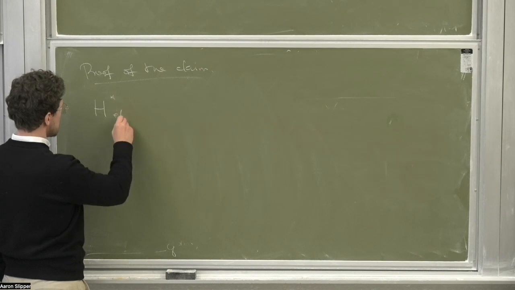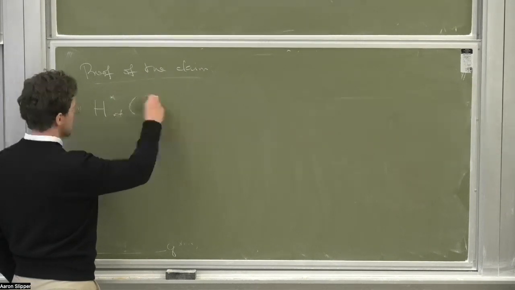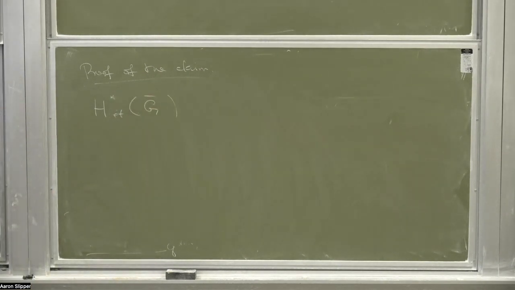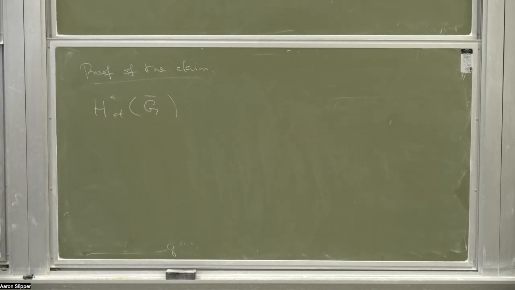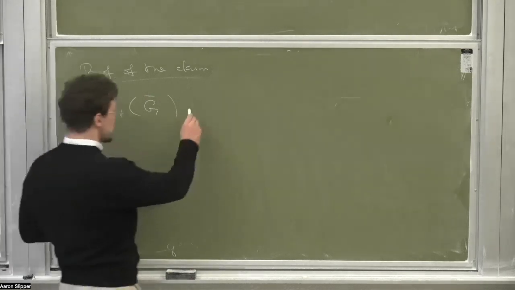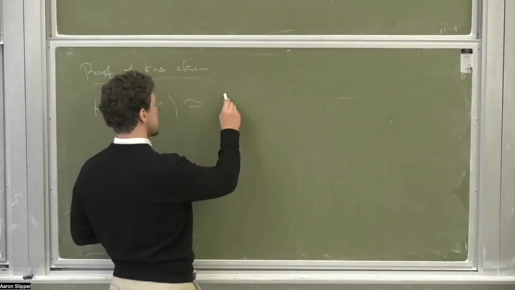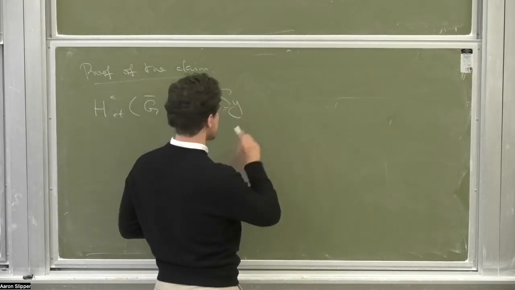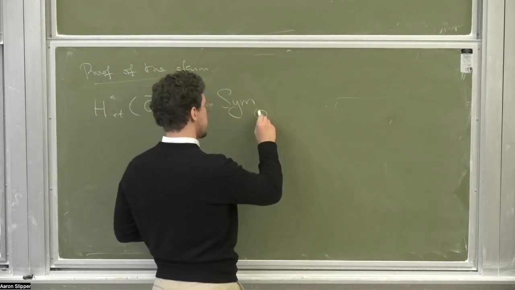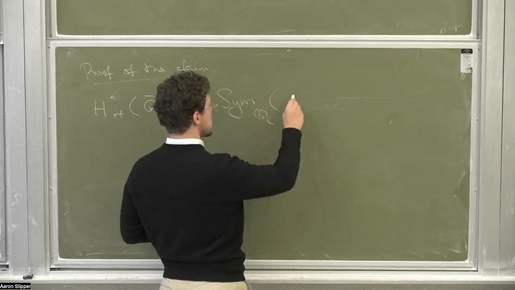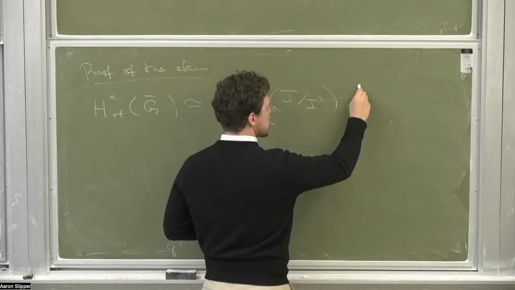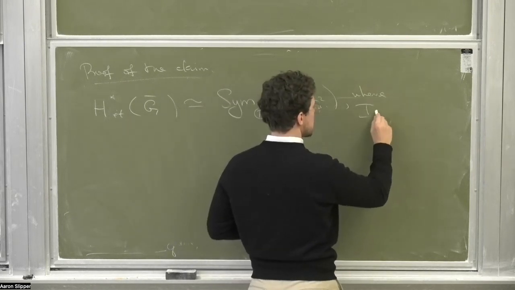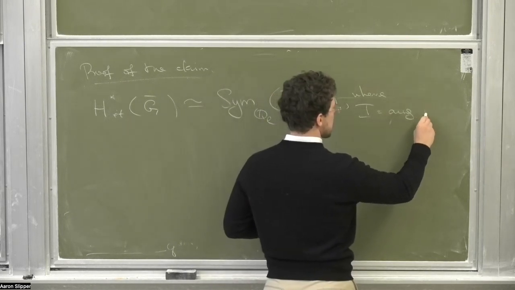I have this homology of G bar, and this is an augmented algebra over Q_l, over a field of characteristic 0, and it turns out that under these assumptions it's given by the free algebra on I/I squared, where I is the augmentation ideal.